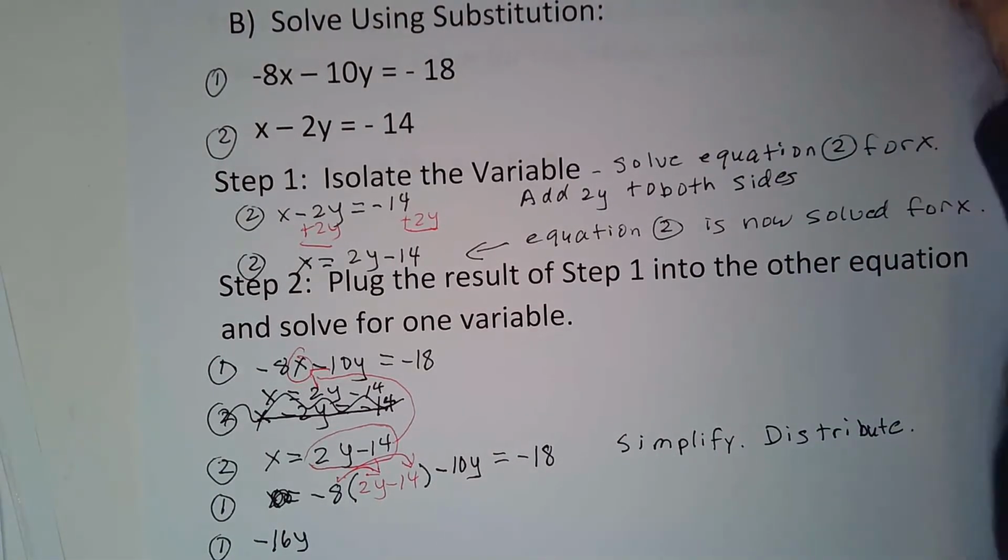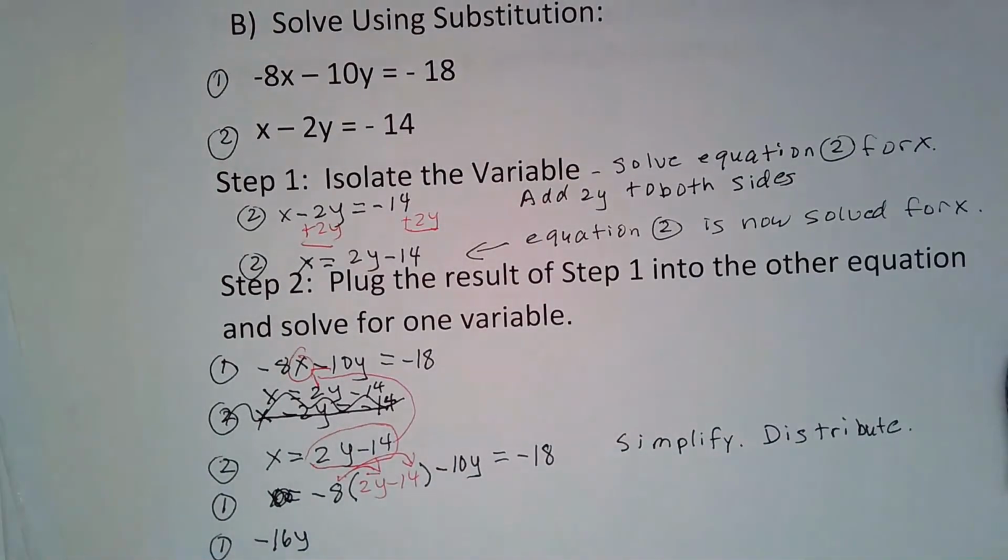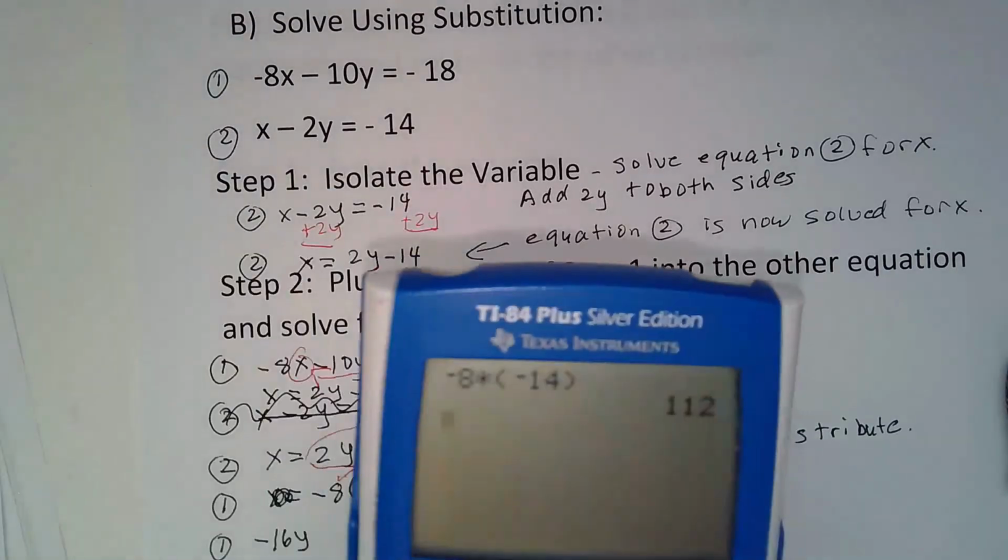Now, let's see here. So negative 8 times, and I think I have to put this in parentheses, negative 14, and so I get 112.